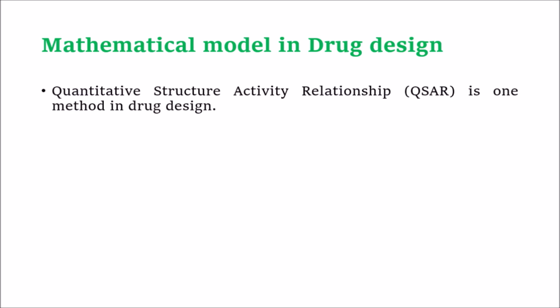Now next is the mathematical model in drug design. While designing a drug, the computer is helping, or there are some models that can be used for designing drugs. Here is one method, that is Quantitative Structure Activity Relationship, which is one method in drug design.